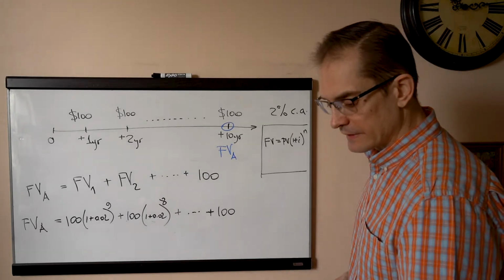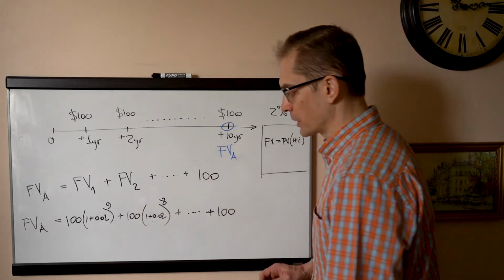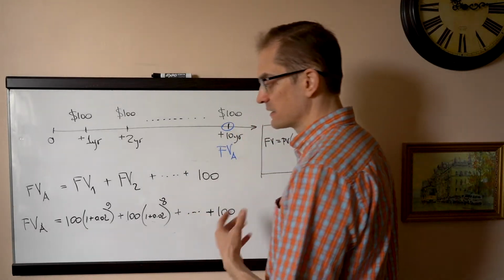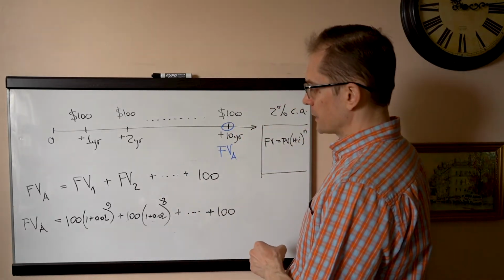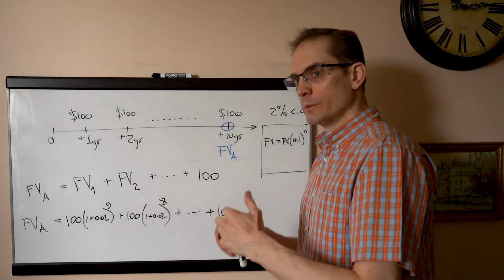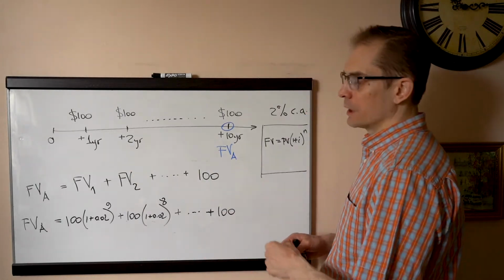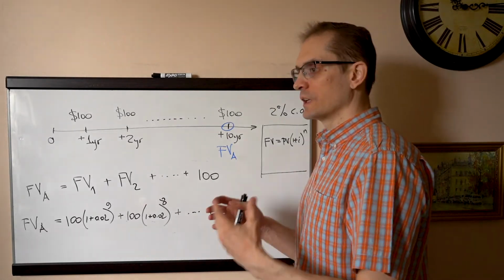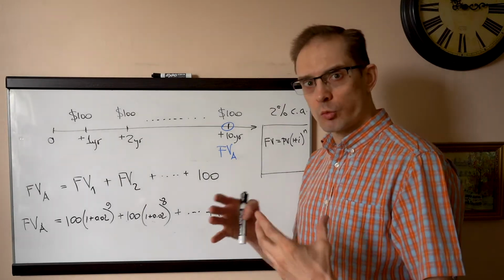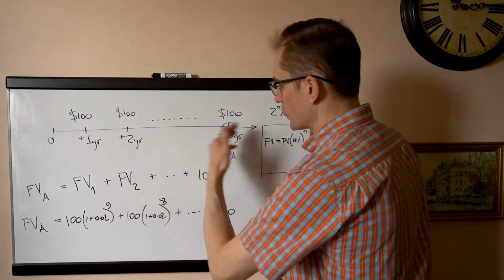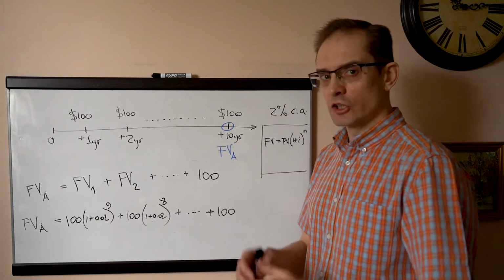Of course, that's a lot of work to calculate. Maybe not so much in this example, but still it's a lot of work. If this example had 20 years, it would be even more work. And if these payments were at the end of every month, for example, for 10 years, that would be 120 payments, and this future value of annuity would contain 120 terms.